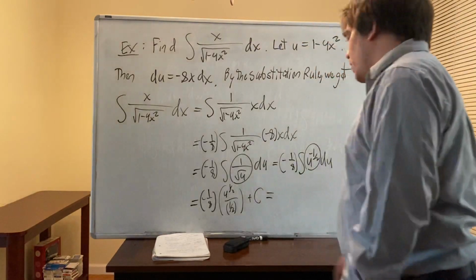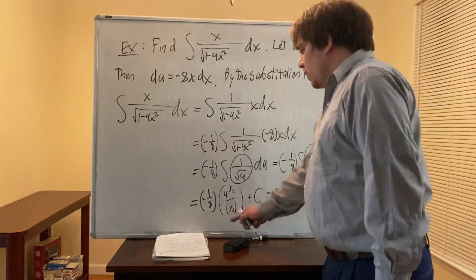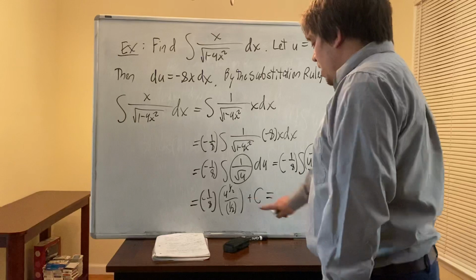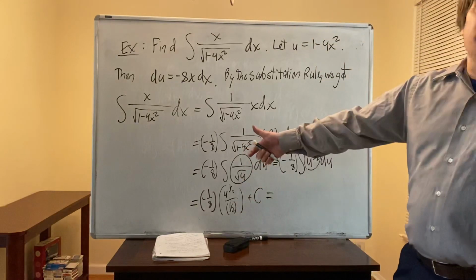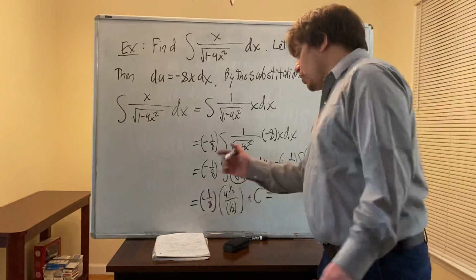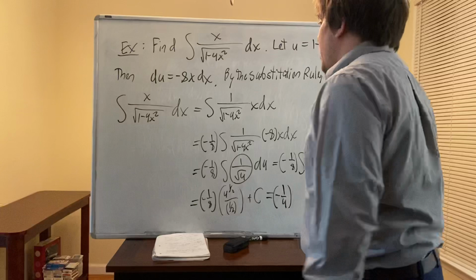Okay, and so this is equal to, if I take negative 1/8 and divide it by 1/2, dividing by 1/2 is the same as multiplying by the reciprocal, 2 over 1, or 2. So negative 1/8 times 2 is negative 1/4. This is equal to negative 1/4 u to the 1/2.